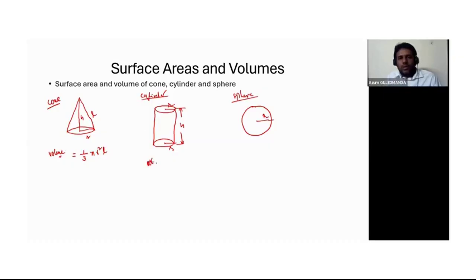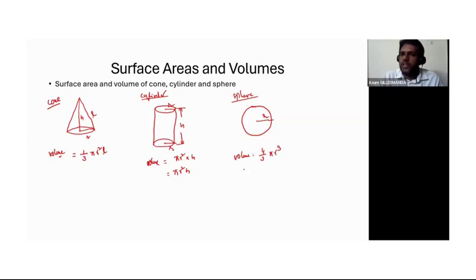And also the volume of a cylinder is how much? What is the area? This is a circular shape. That is pi r square into how much length, it is h. So this is the volume, pi r square h. So pi r square is the area into h is the length. And similarly for the sphere, the volume is 4 by 3 pi r cube.